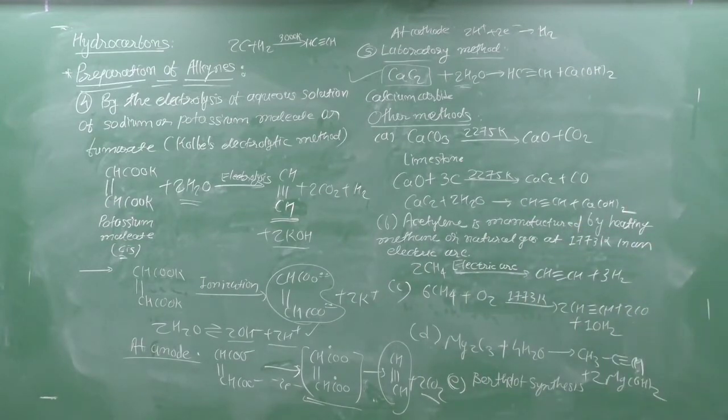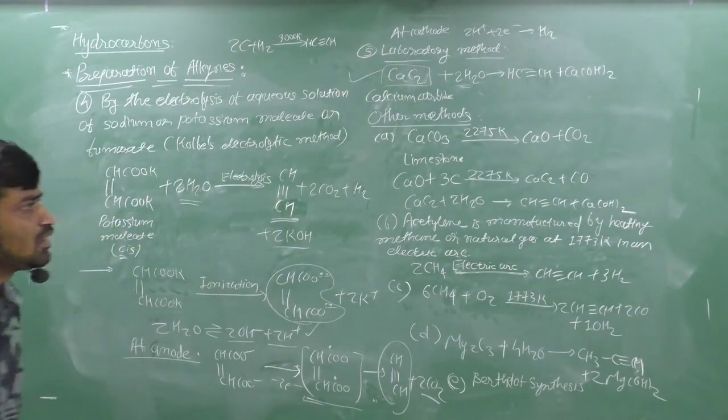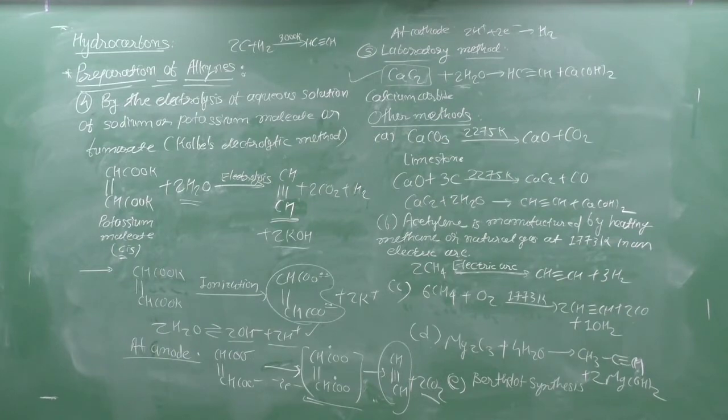We can prepare it with the help of calcium carbide and water. Other methods which we can discuss here, the first method is from limestone. It is an industrial method. Generally we can synthesize acetylene or alkynes on a large scale with the help of these methods.